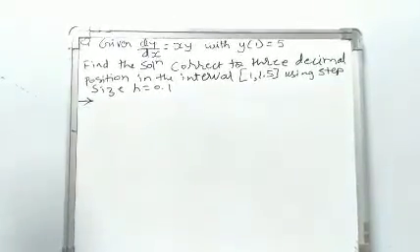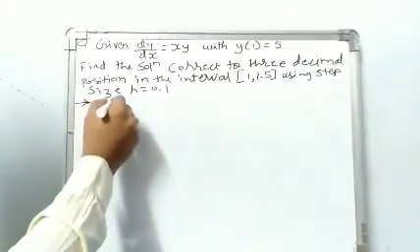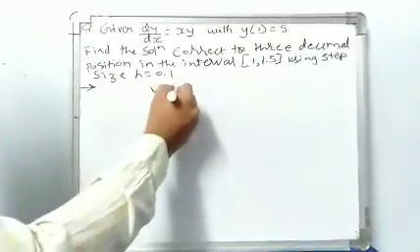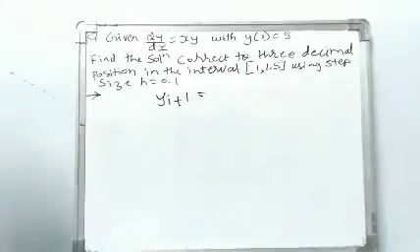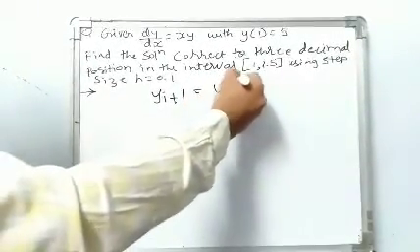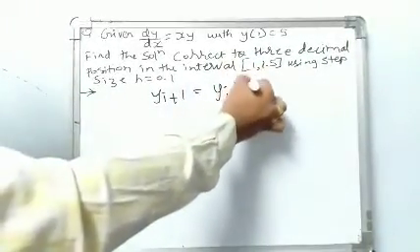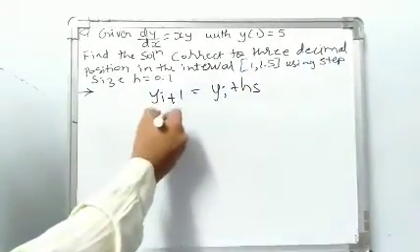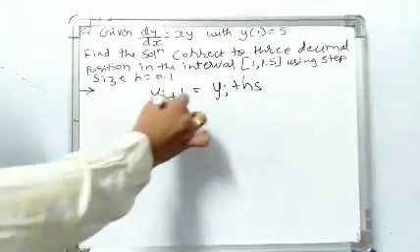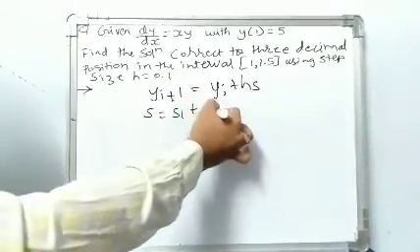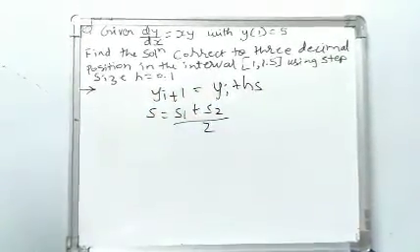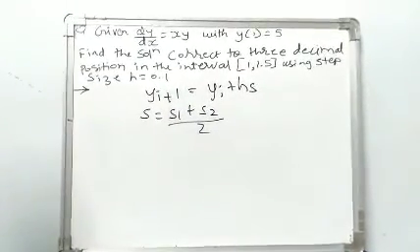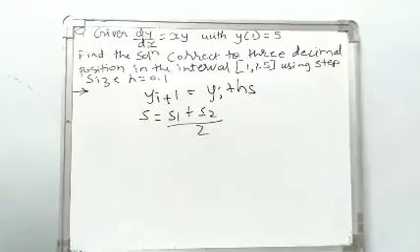The formula for the Runge-Kutta second order method is y(i+1) equals y(i) plus h times s, where s equals (s1 plus s2) by 2. So this is our formula. Now how to calculate s1 and s2?